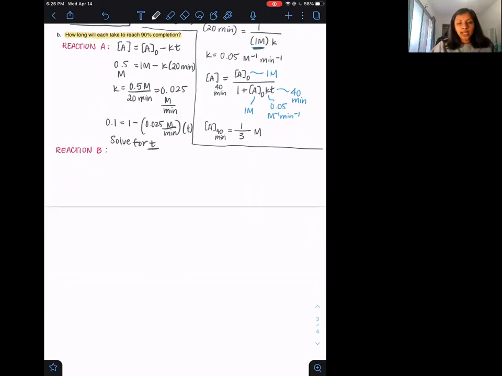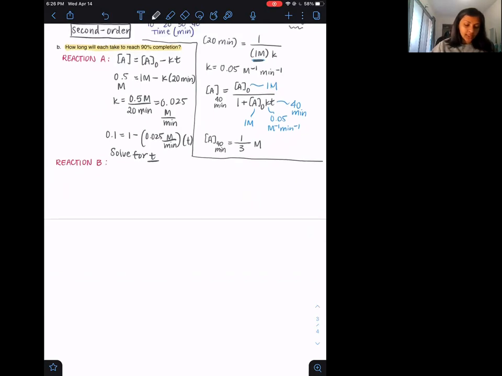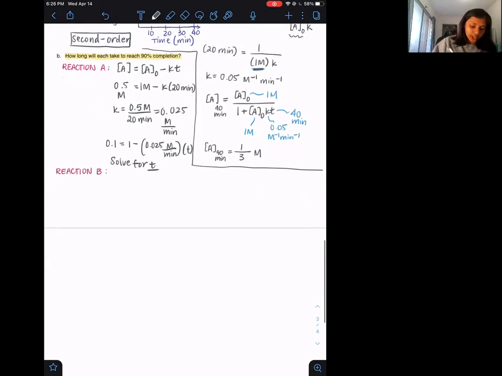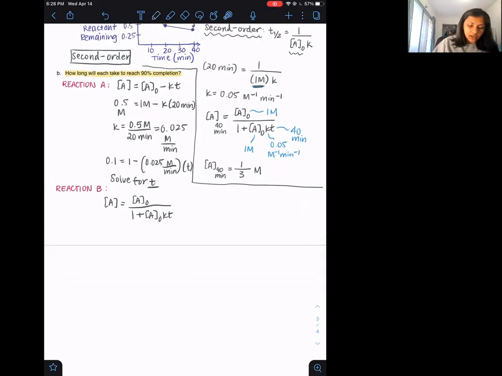Now for reaction B, we can do the same thing. Since we know that it's a second order rate equation, we know that the rate equation is A equals A naught over 1 plus A naught KT. So we have already solved for K from part A, so we can just plug that in.